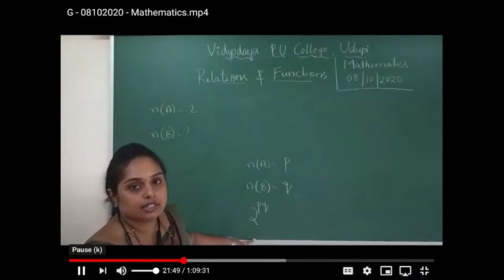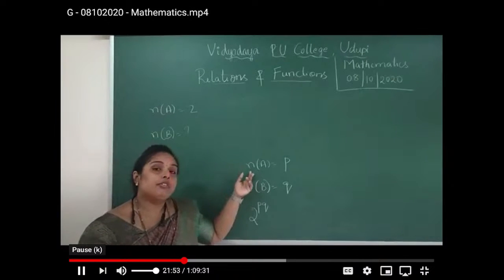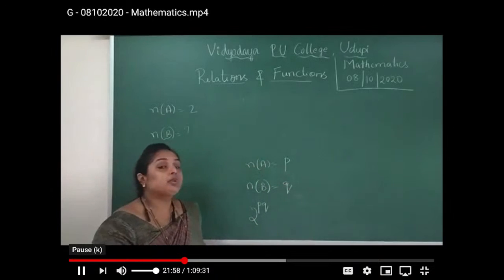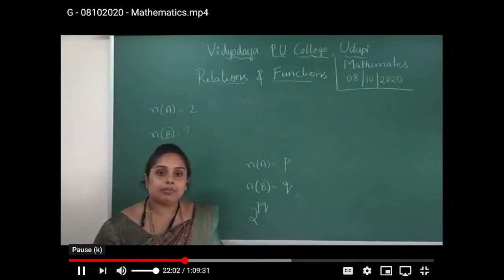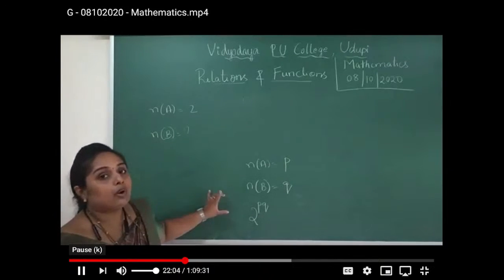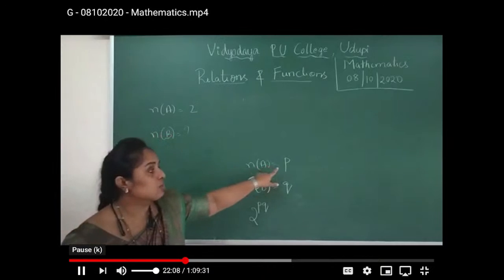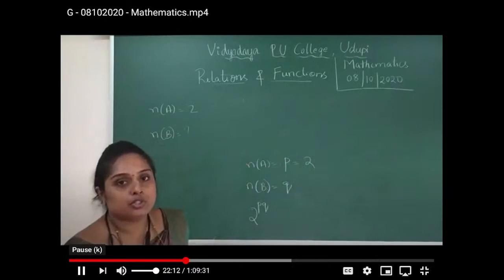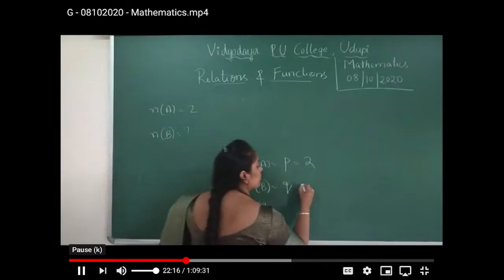Isn't it? You have studied this note under relation, right? If the number of elements in set A is P, and the number of elements in set B is Q, then the total number of relations from set A to set B is 2 power PQ. Okay. Now, according to the given data, n of A is given, that is 2. N of A, I'll consider as P, and I know it's 2. N of B is asked, Q is asked.